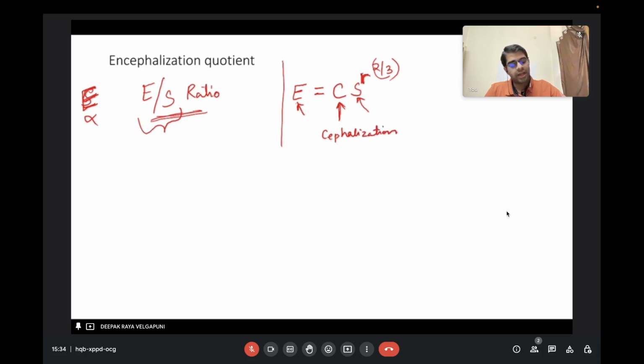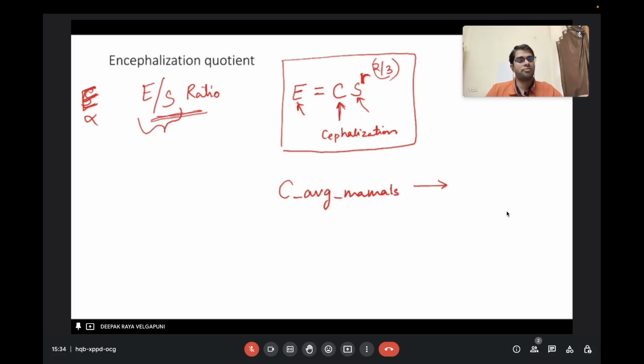These relations are measured across different species. For example, you want to know the average cephalization across mammals. You calculate that across all the classes of mammals that you measured, and you get an average cephalization factor.